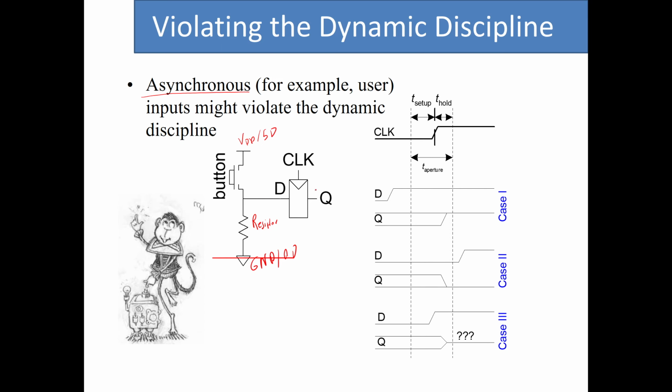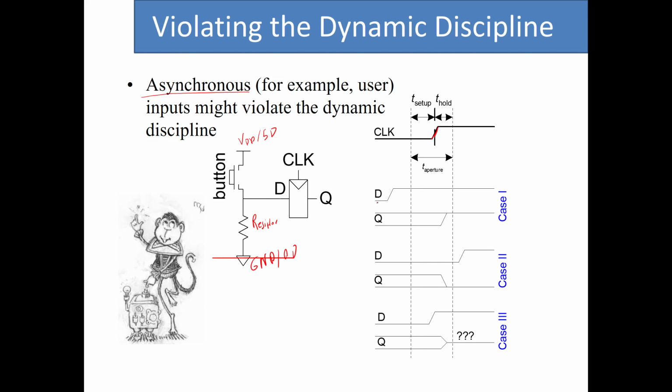In this flip-flop, at the rising edge of the clock, we take a sample of D. If the button was open, that means D is 0. If the button was closed, that means D is 1. So there are 3 different cases that can happen. The first case is that the button is closed way before the aperture time of the flip-flop.